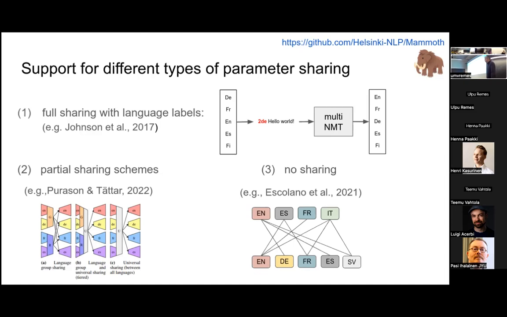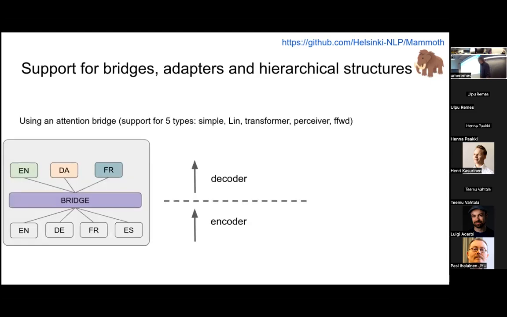And then you can go up to what I've also shown already, where you have basically completely independent modules and you only connect them with each other with some kind of cross-lingual attention. That also works, but we would like to know, of course, what is the optimal thing. So this is what we have supported.